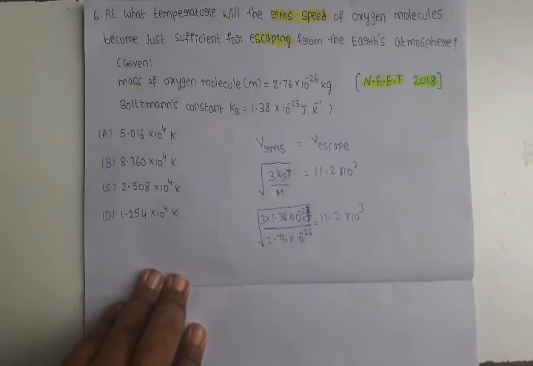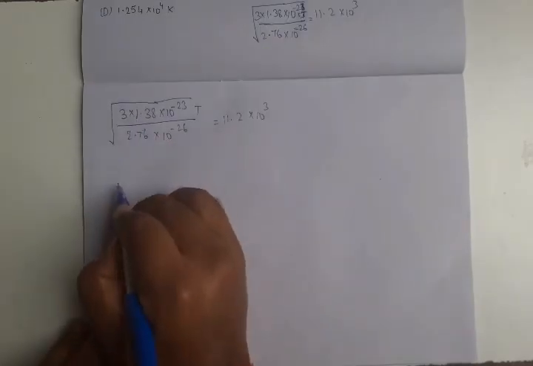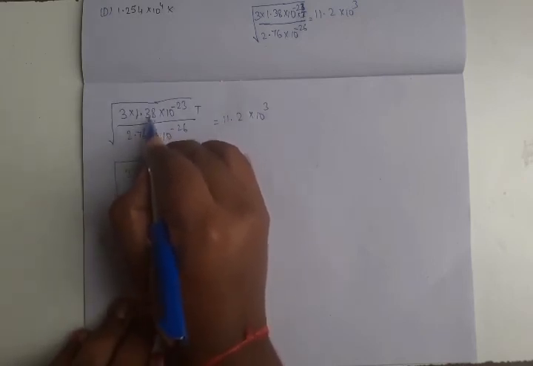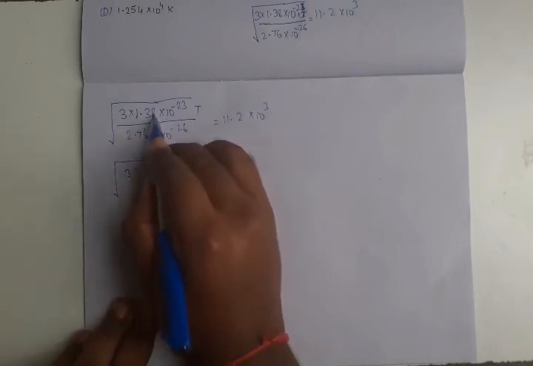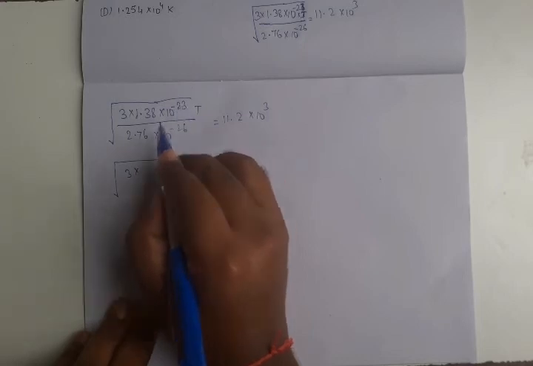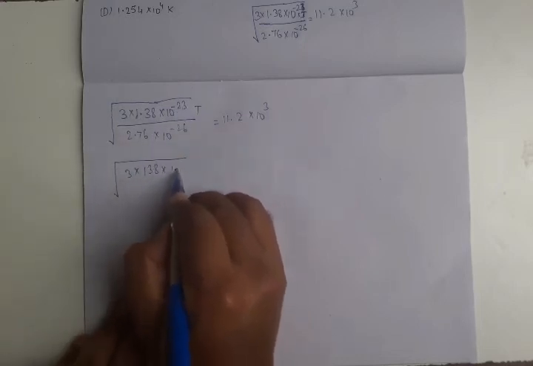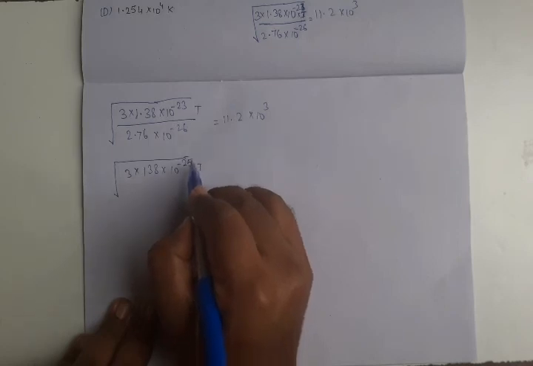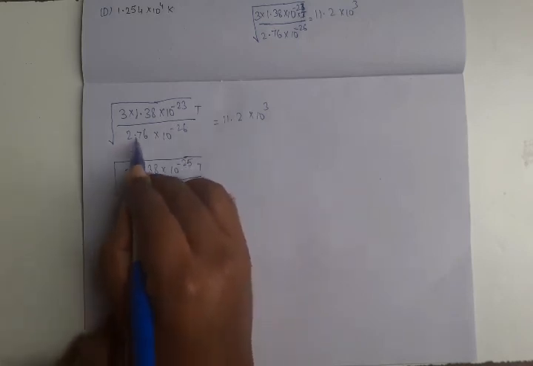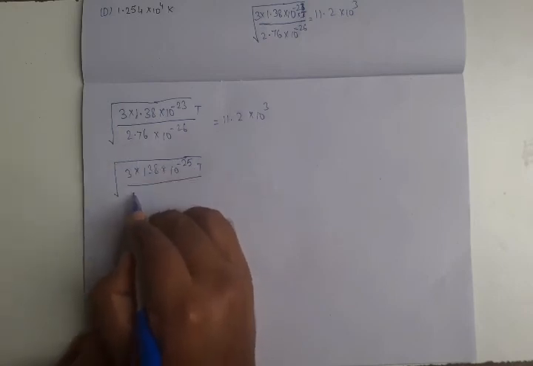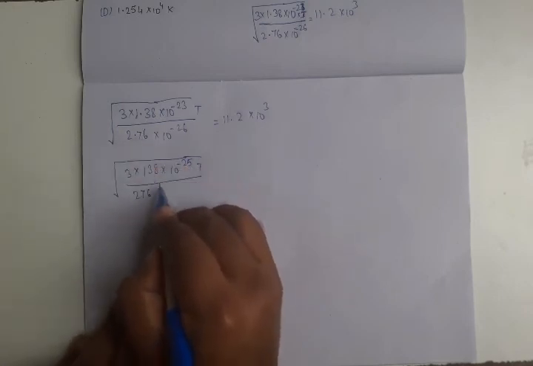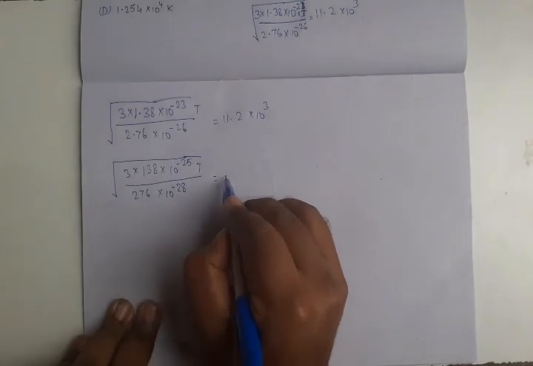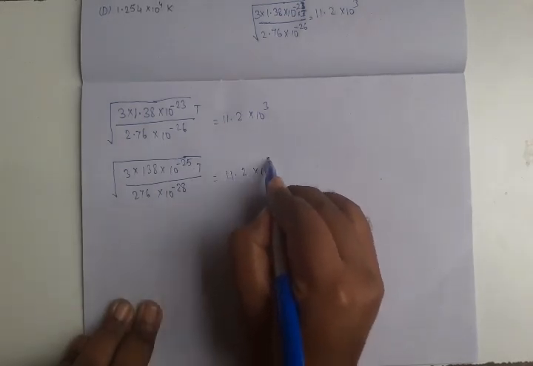Okay, observe carefully. First of all, I am removing the point here: after the point 2 digits are there, so 10 to the power of minus 2 plus 10 to the power of minus 23, so total 10 to the power of minus 25 on numerator into T. On denominator also removing the point in 2.76: after the point 2 digits are there, 10 to the power of minus 2, so total value 10 to the power of minus 28.